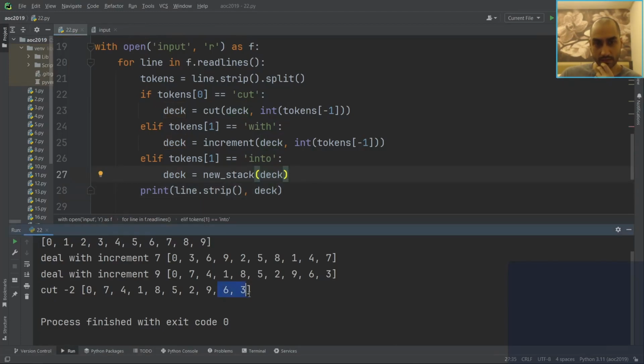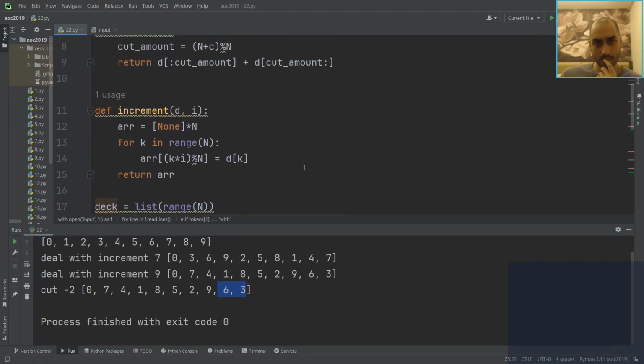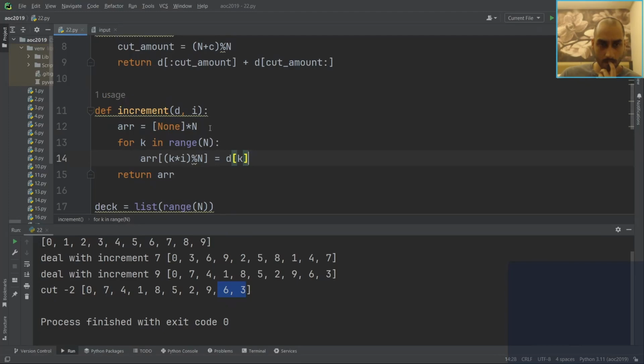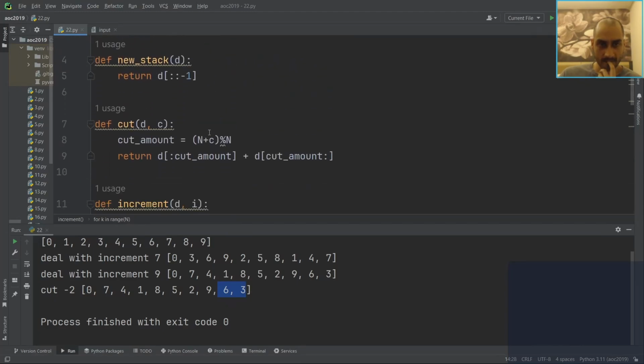So it should be... Maybe I've not done the arithmetic correctly. Oh! It should be -1 if it's negative.